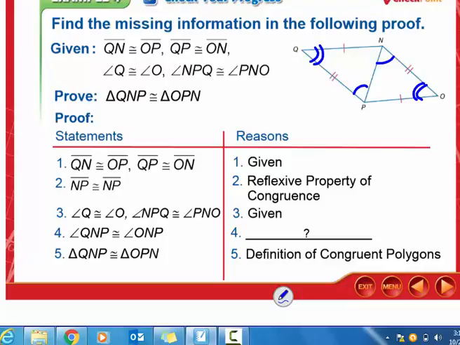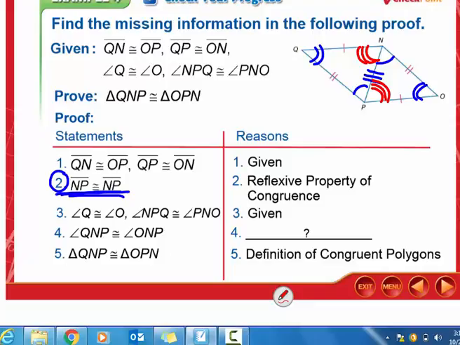So the first thing that I want to show you is that segment NP is congruent to itself by the reflexive property. So all we have to do is show that these angles right here are congruent to each other. The third angle of each triangle has to be proven congruent.